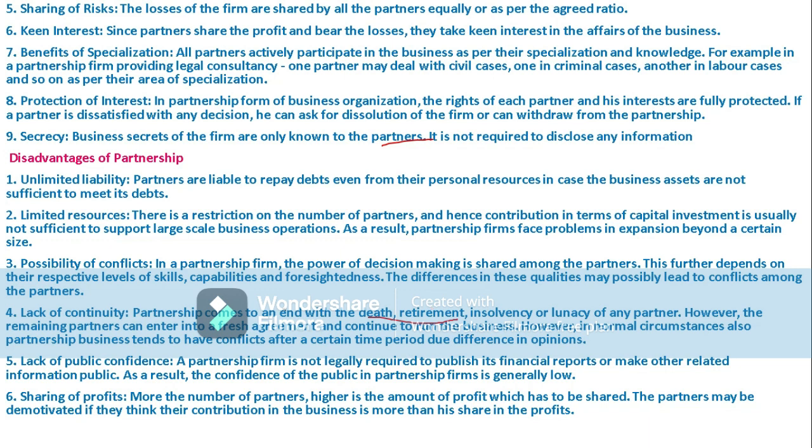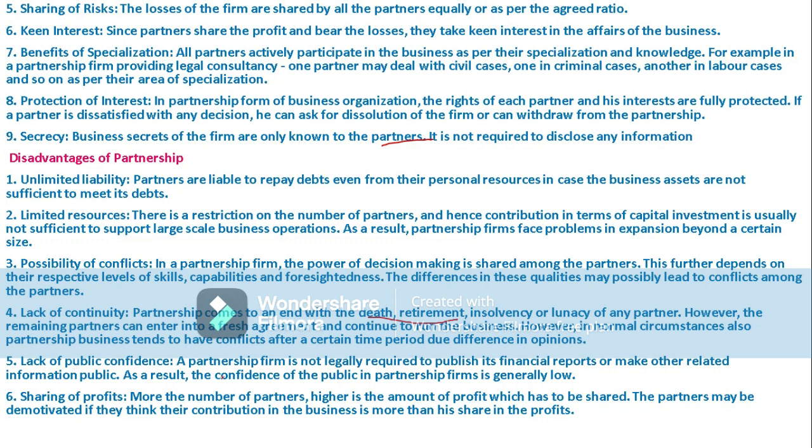So lack of continuity means that due to conflicts, or due to death, retirement, insolvency or lunacy of any partner, continuity may be stopped to some extent. Again the remaining partners have to enter into a fresh agreement. So lack of continuity can be seen.